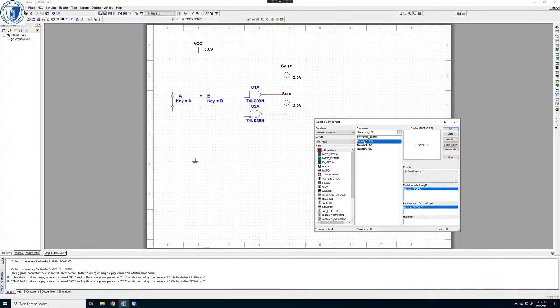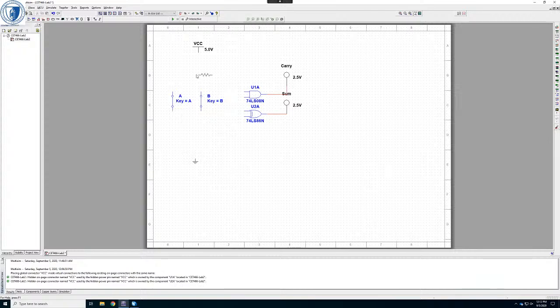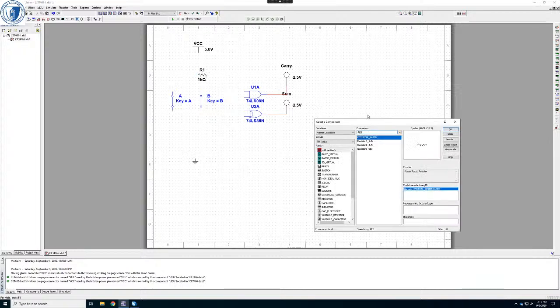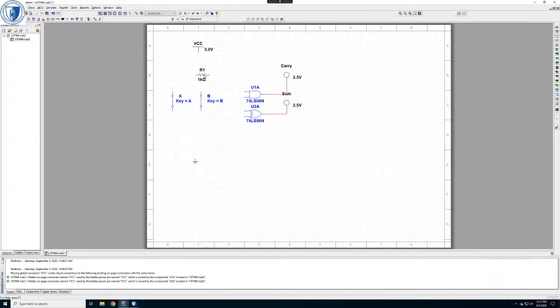Oh, let's just go, ooh, that's actually got a picture of one. I don't know, will that one do? Yeah, let's put that one in there. And let's just rotate it like that. Right, and I'm going to put that one there, and then I'm just going to copy it. Control C, Control V, there.